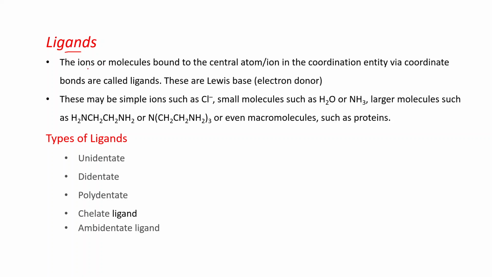Ligands. The ions or molecules bound to the central atom or ion in the coordination entity via coordinate bonds are called ligands, and these are Lewis bases because they donate a pair of electrons to the central metal atom or ion, because these are electron donors.